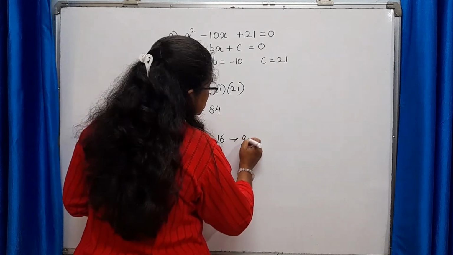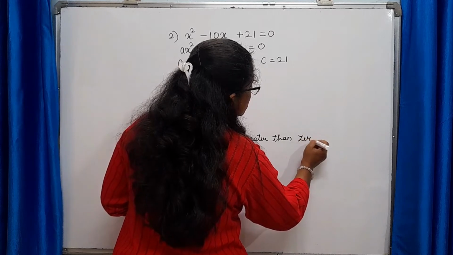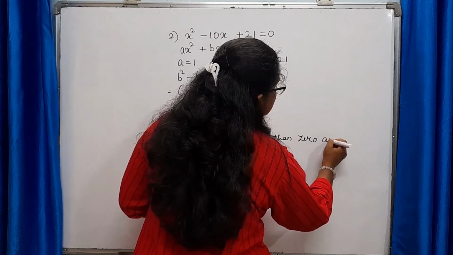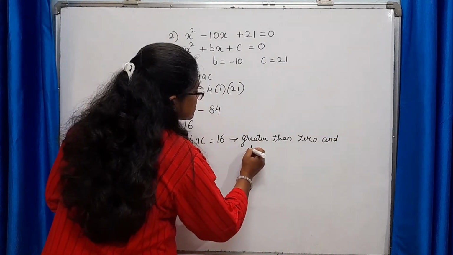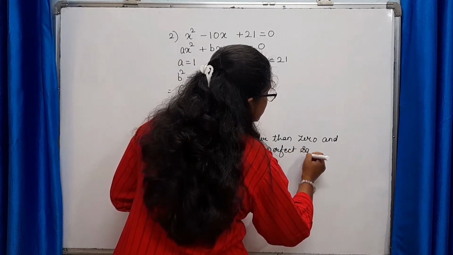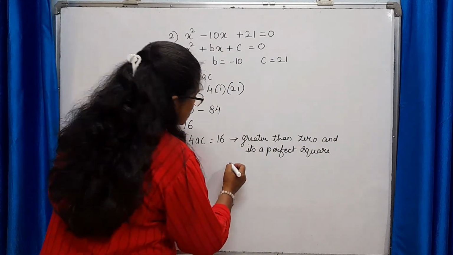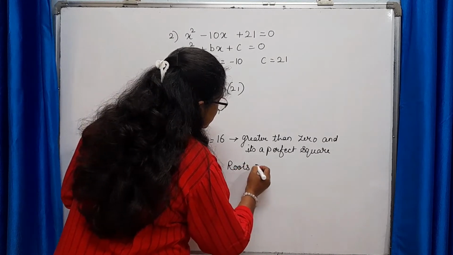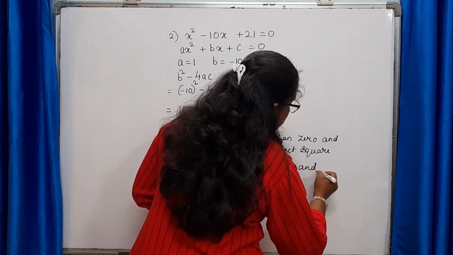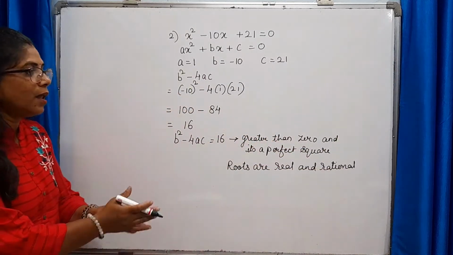This is greater than 0 and 16 is a perfect square. So when it is greater than 0 and a perfect square, how are the roots? In this case, roots are real and rational.